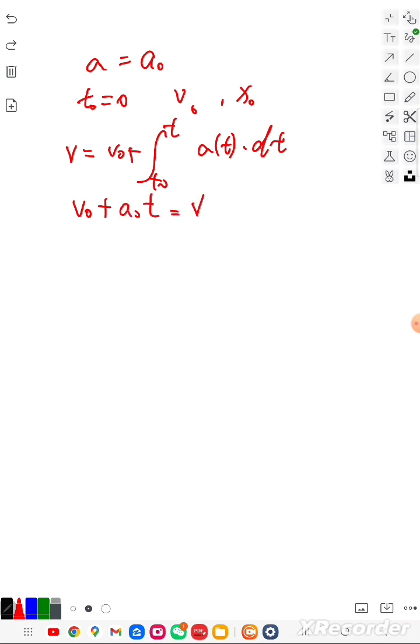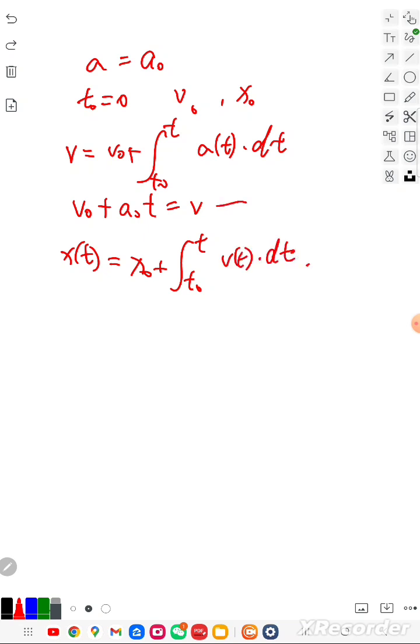Because a is now unchanged, equal to the constant acceleration a0. And then we can refer to the previous equation that x(t) equals x0 plus the integral from t0 to t of v(t) dt. We can substitute this v here so that we get x equals x0 plus v0t plus 1/2 a0t squared.